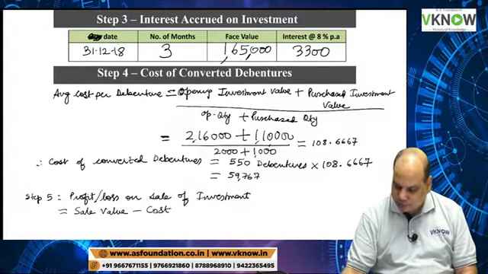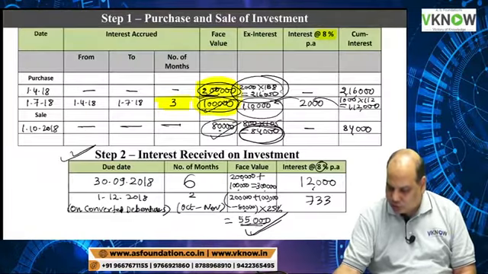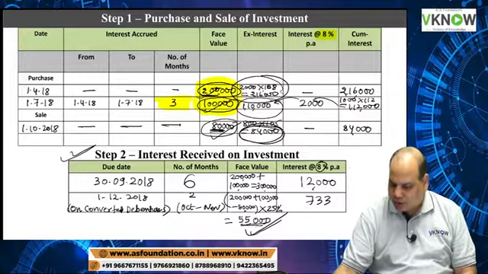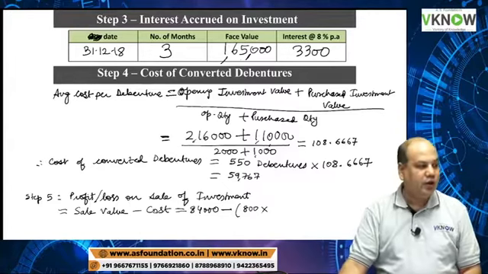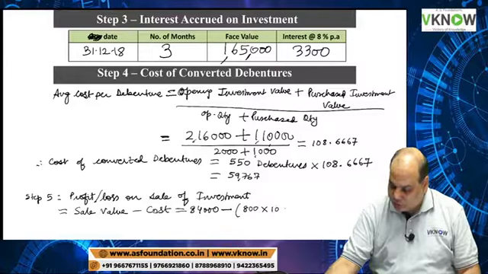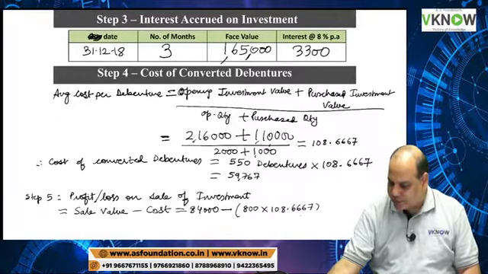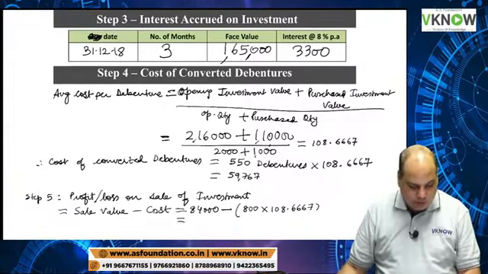Sale value will be this amount, 84,000, and cost will be for how many units we have sold. On the screen, 800 quantity we have sold. 80,000 rupees face value is equal to 800 units, and the cost per unit is 108.6667. So please do the final calculation.